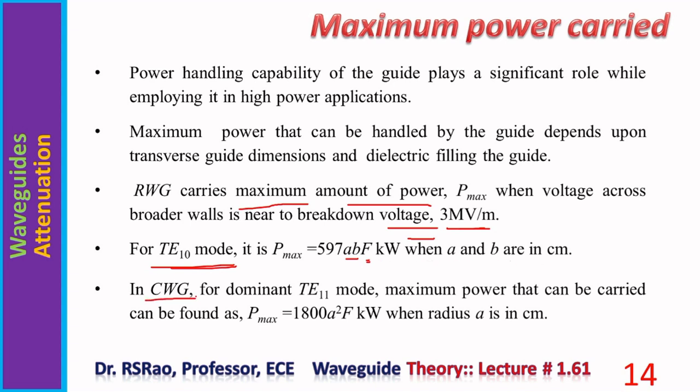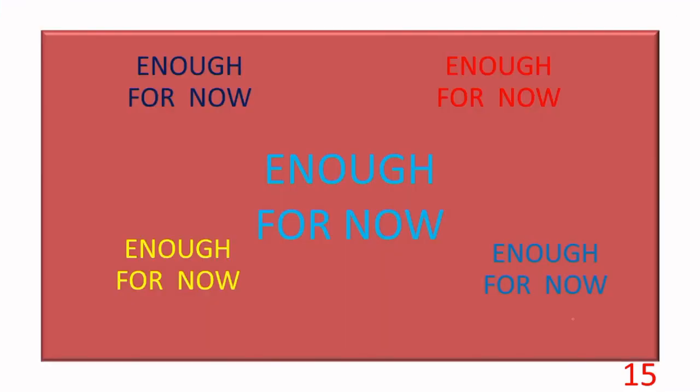In case of circular waveguide for the dominant mode TE11, maximum power that can be carried can be found as 1800 a squared times f kilowatts. Here radius is in centimeters. So this is all as far as attenuation in waveguides and maximum power that can be handled by them is concerned.